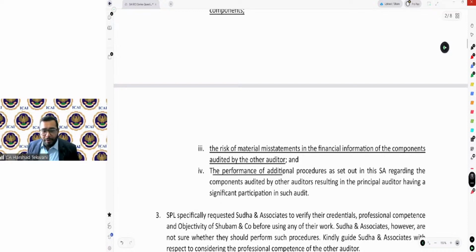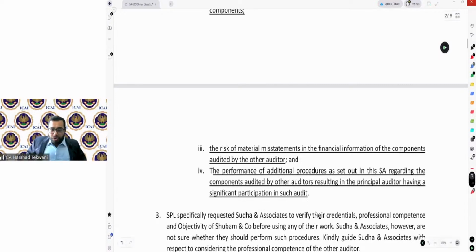Number four, the performance of additional procedures as set out in this SA regarding the component audited by other auditors, resulting in the principal auditor having a significant participation in such audit. So, whether the component auditors will be able to perform the procedures required by this SA will decide whether his participation is sufficient or not.